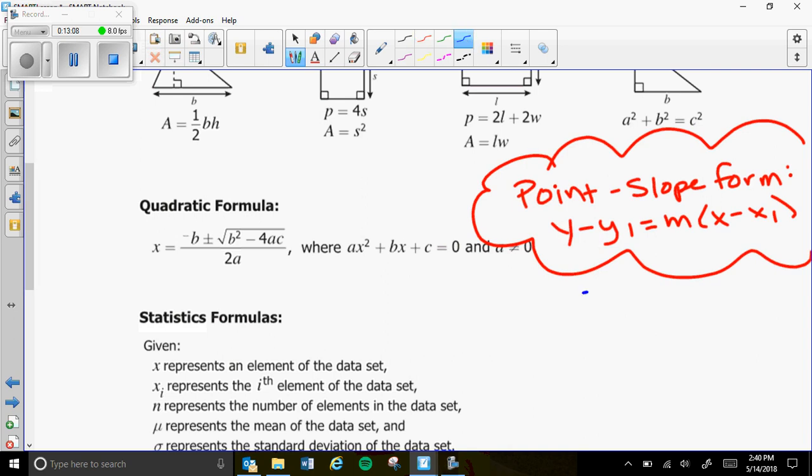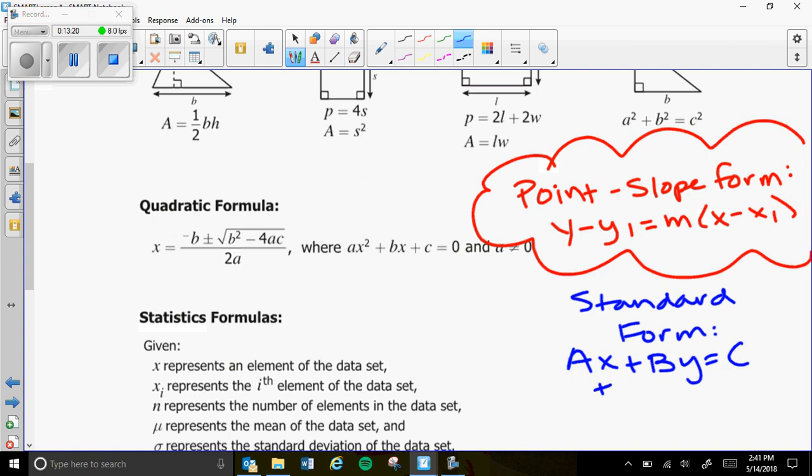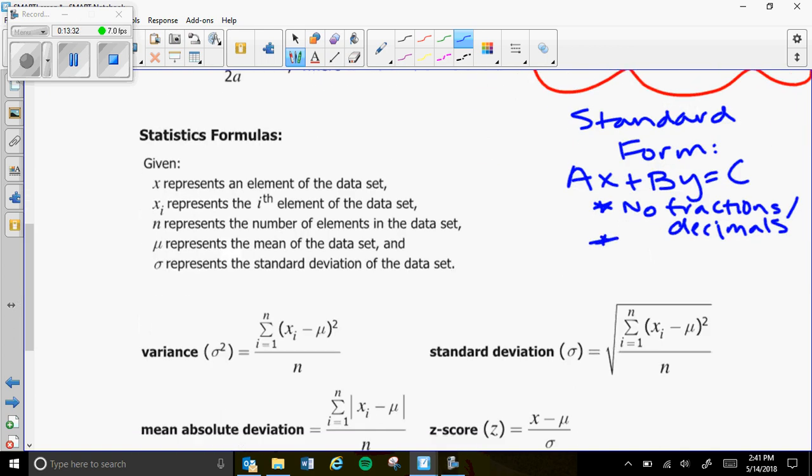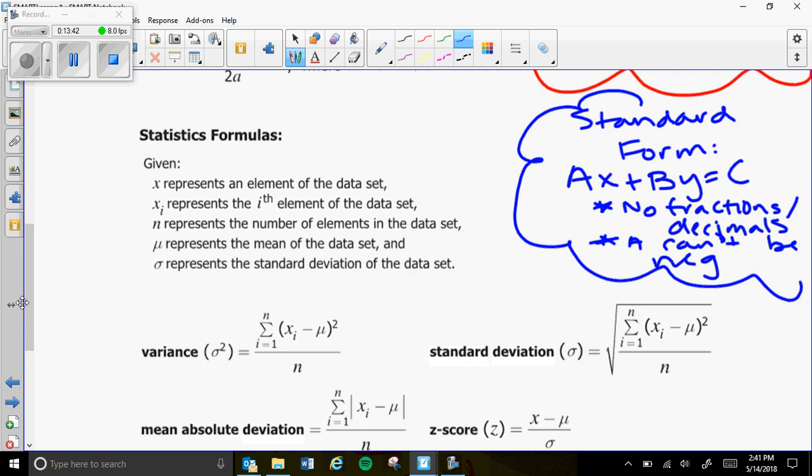And then we also learned standard form, which is ax plus by equals c, no fractions or decimals, and then a can't be negative. So here's our standard form.